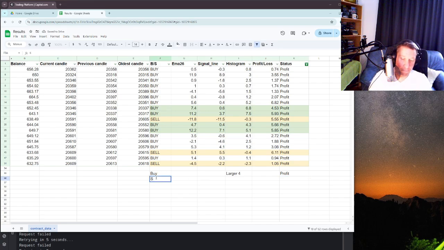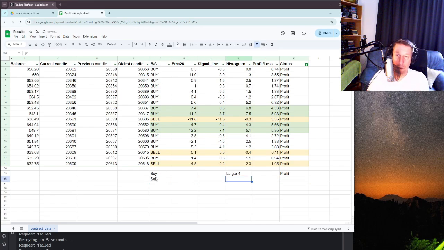Sell. A sell, if you look at the sell, minus 0.4 and minus 0.3. And we don't have any other sell. Minus 0.2.